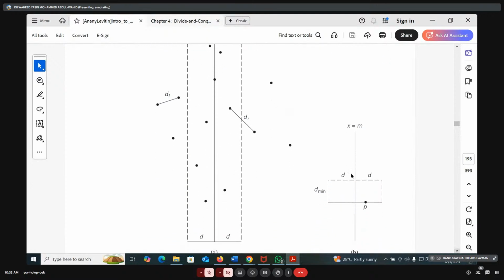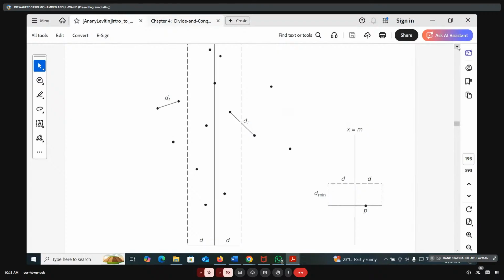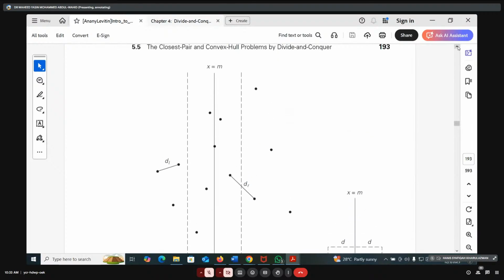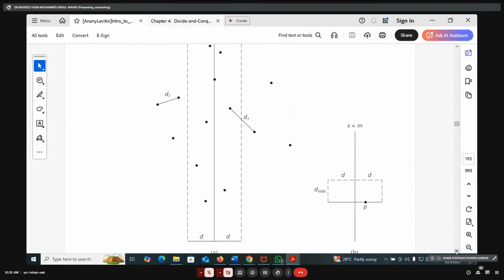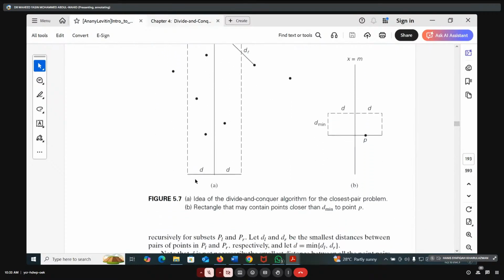Okay, that's the box that I was just discussing here. I will go through it here. This is the median, and this one D1 and this one D2. So here the dimension of these boxes is 2D, and this is the box of D.